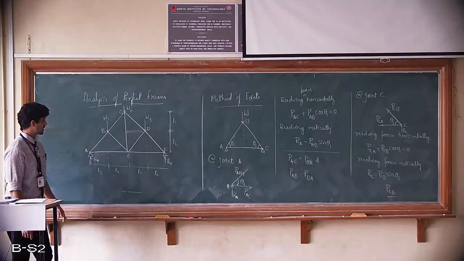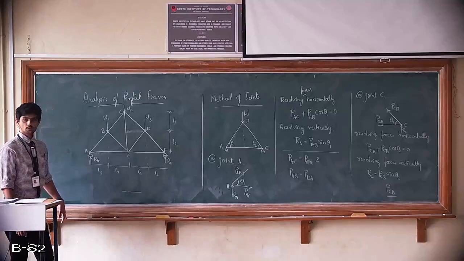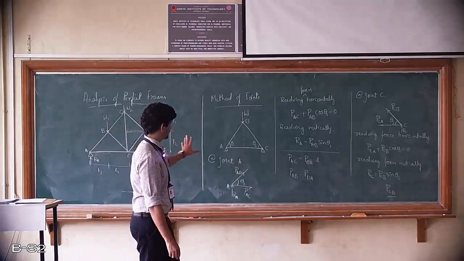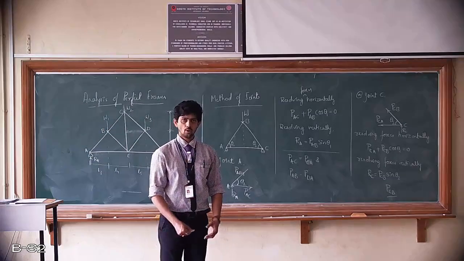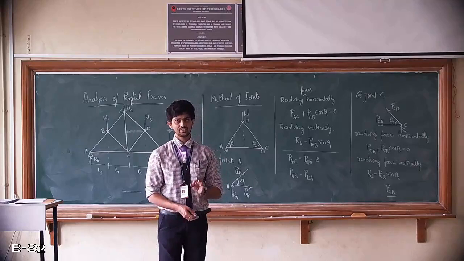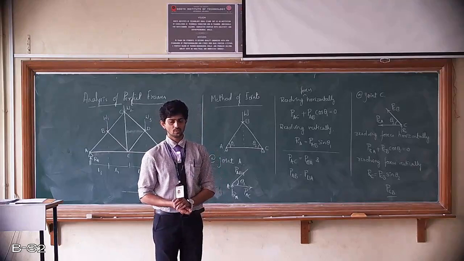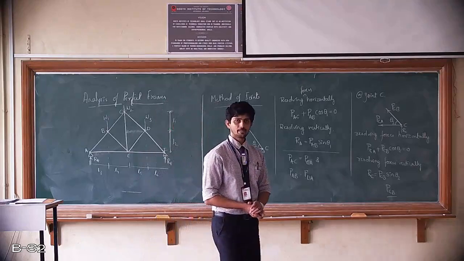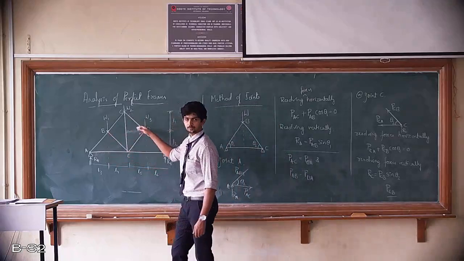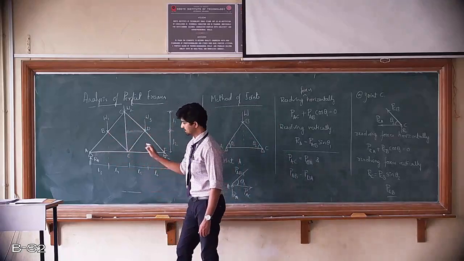So this is how we start or use this method of joints to resolve all the internal loads as well as external forces acting on a member or on a structure. However complicated it is, if it is resolvable using the basic equilibrium equation, or if the structure is determinate, then using method of joints we can deduce like this. So I hope this is clear.